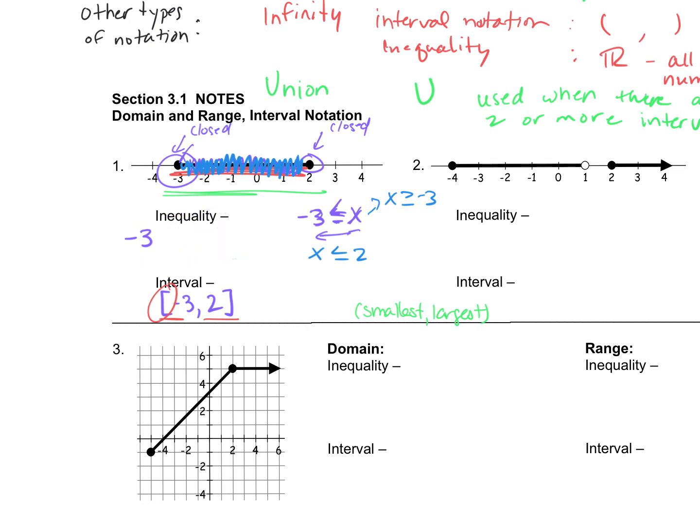And again, this is red. -3 is less than or equal to x, which is less than or equal to 2. All right, so that's how we read it.